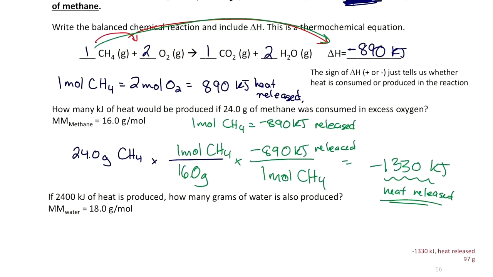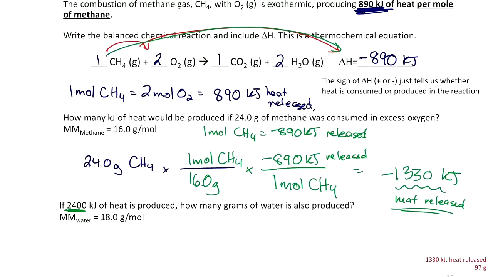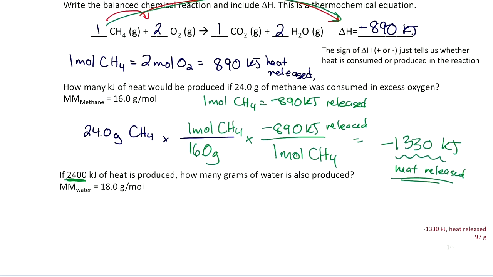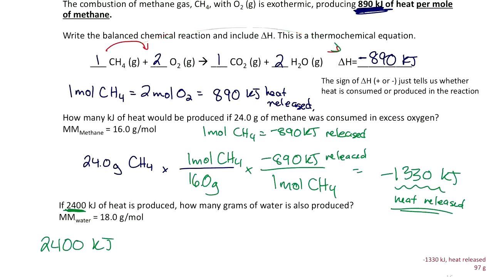Let's say that 2,400 kilojoules of heat is produced, so released, by this reaction. How many grams of water is also produced? In this example, I'm giving you how much heat is produced, but I want you to go to water. We can do that just using stoichiometry.